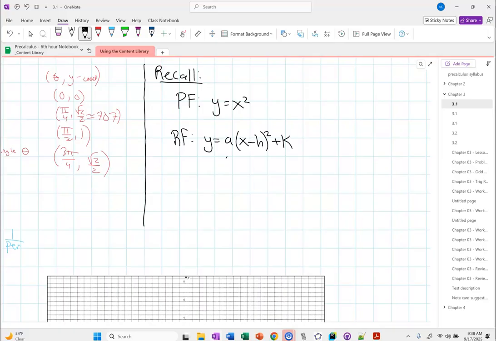I think you call this vertex form of a quadratic. Does this ring a bell? Kinda. Okay. So we're going to do the same idea now with a sine and cosine function.